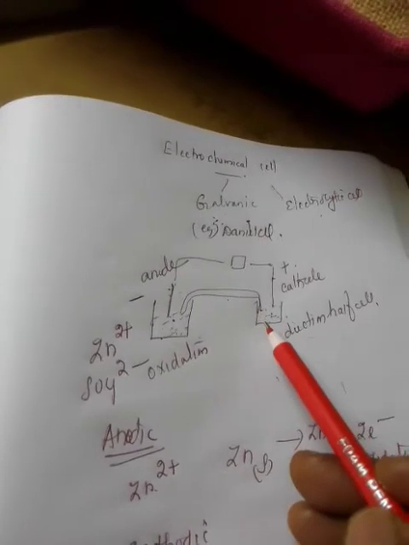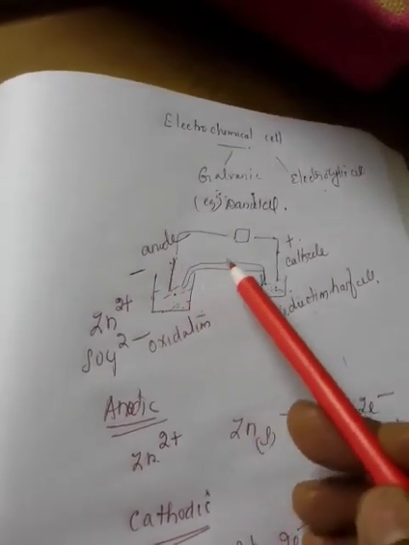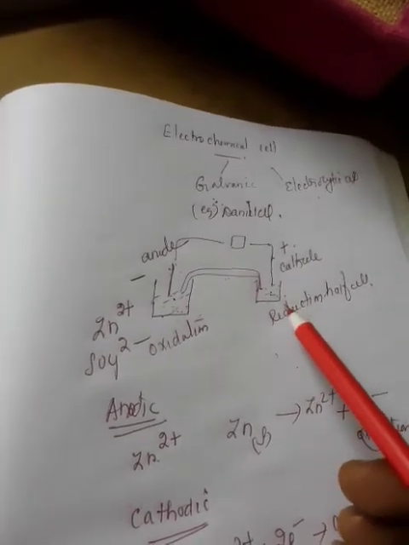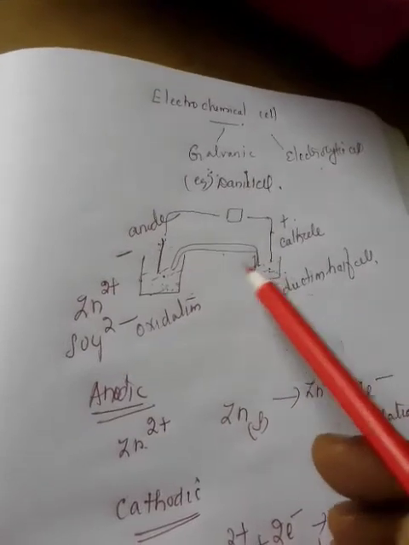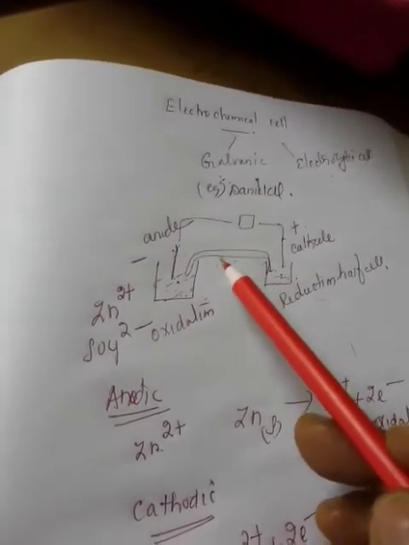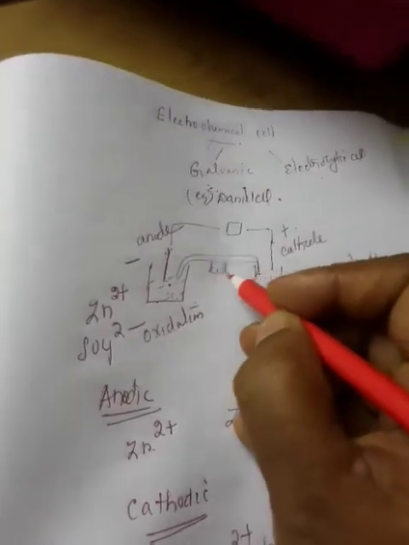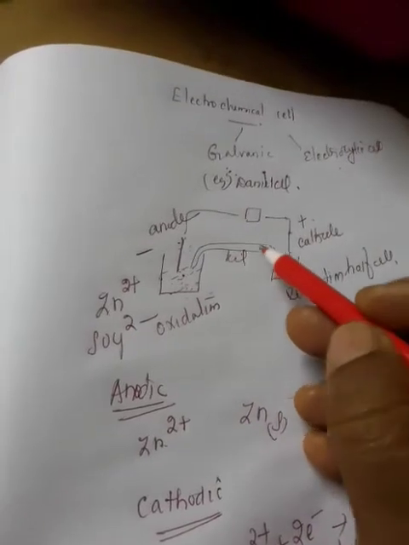At the same time, if Cl- ions move from here to here, K+ ions move from here to here.